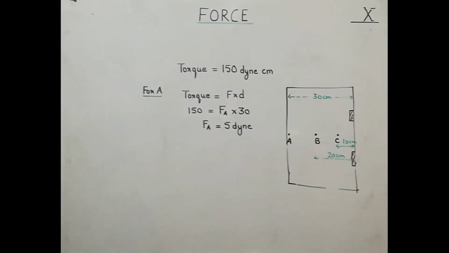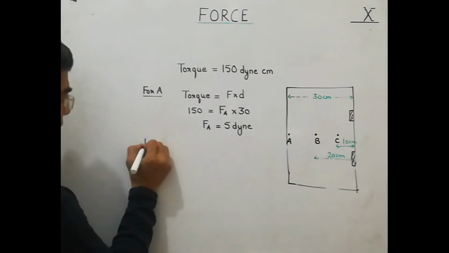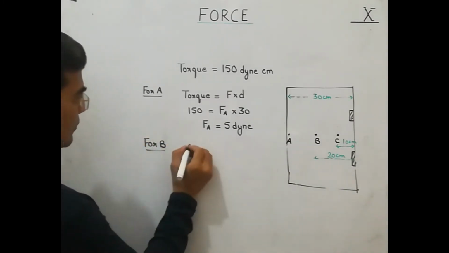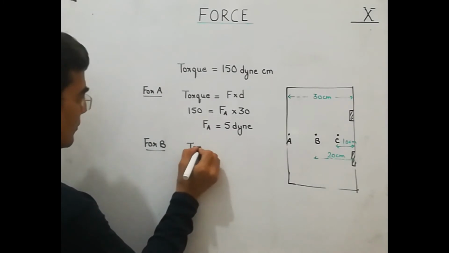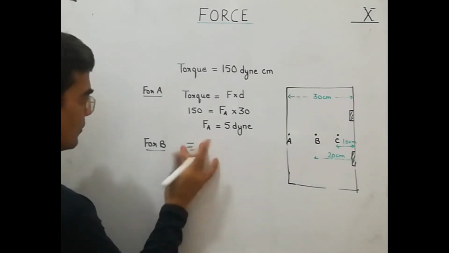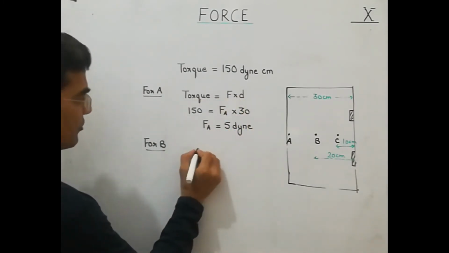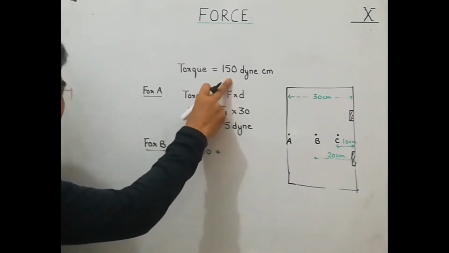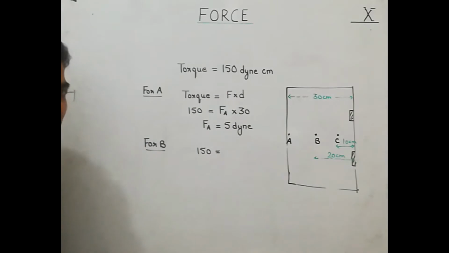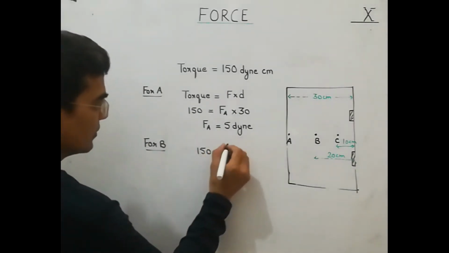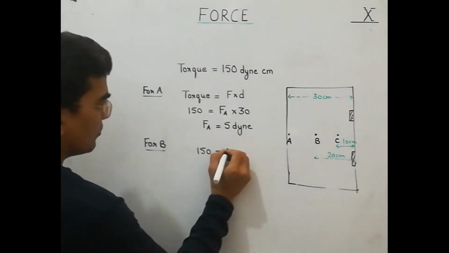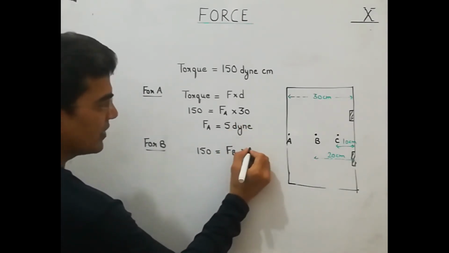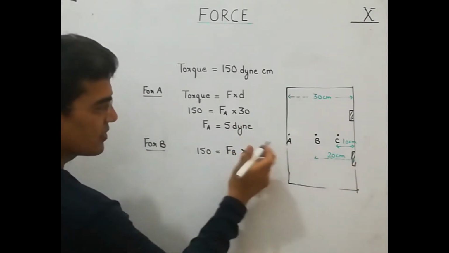Now let us similarly do for B. Torque 150, because the minimum torque required is 150. So each has to apply the minimum torque 150. Now force that B has to apply, and he is applying the force at a distance of 20.